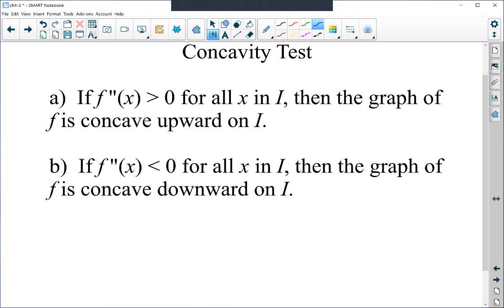Wait, what does the I mean? That's just an interval, okay? On all x in some interval I.